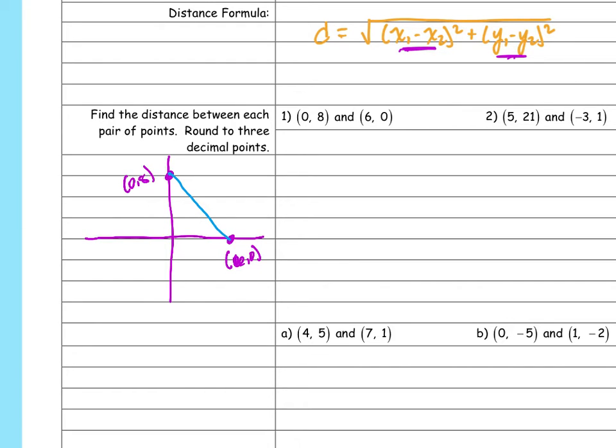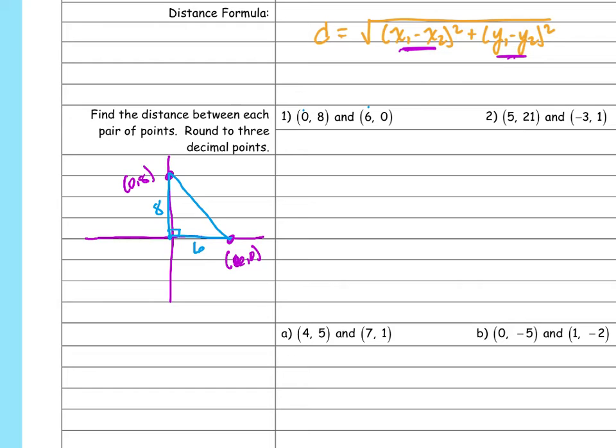I want to find the distance between those 2 points. Are we okay with that? So can I not make a right triangle here between those 2 points? And then this distance here is 6, and this distance here is 8. Because it's zeros, it's really easy. I can say to myself, what's the distance between 0 and 6? 6, right?